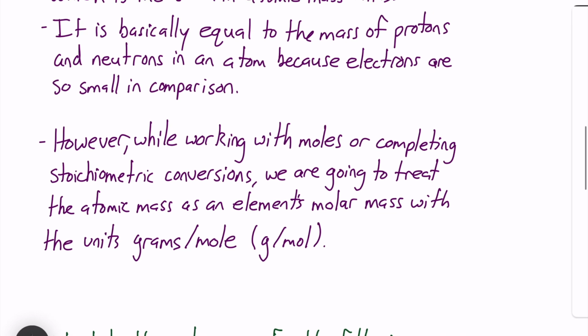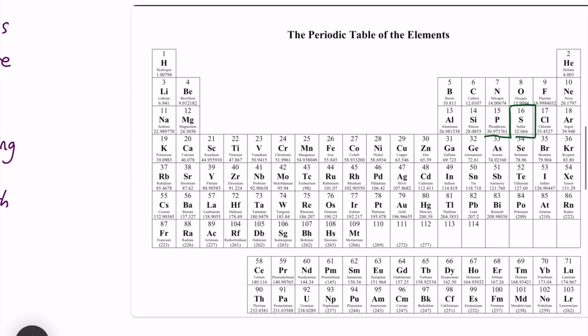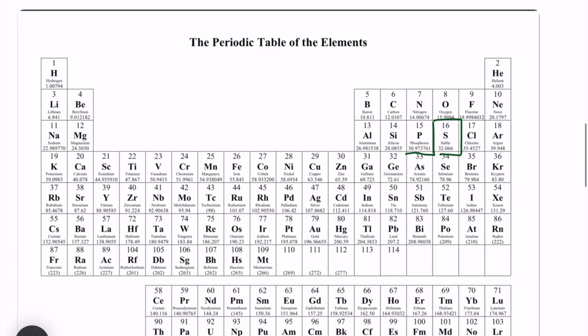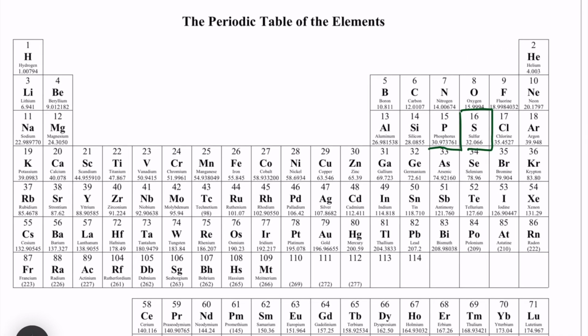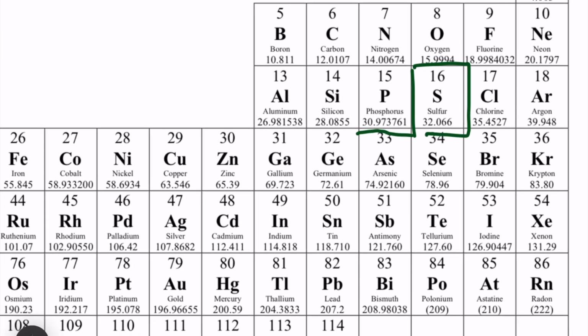So if we scroll on over to a periodic table here, just for a quick example, I already have sulfur squared off, so why don't we take a look at sulfur.